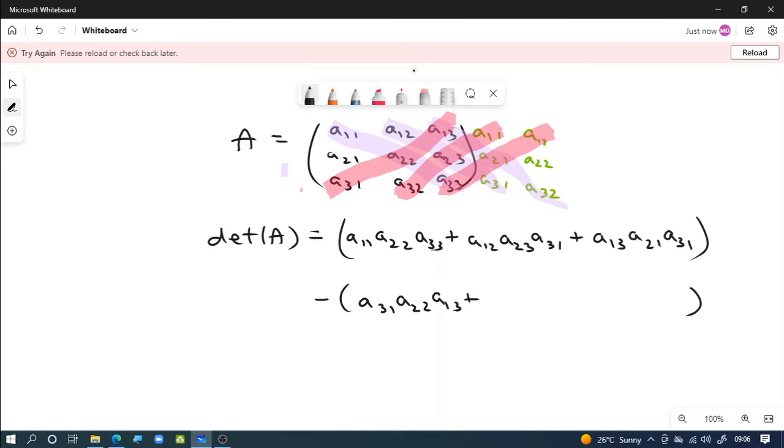You add the second one, and the final second diagonal. Okay. And the result of that would be the determinant.